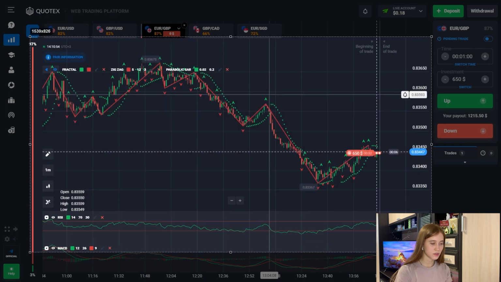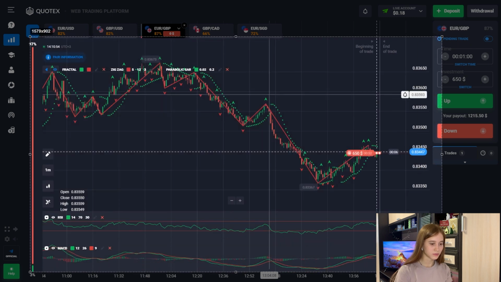$650. We managed to open a more or less advantageous position. And so we see here we have a resistance area.